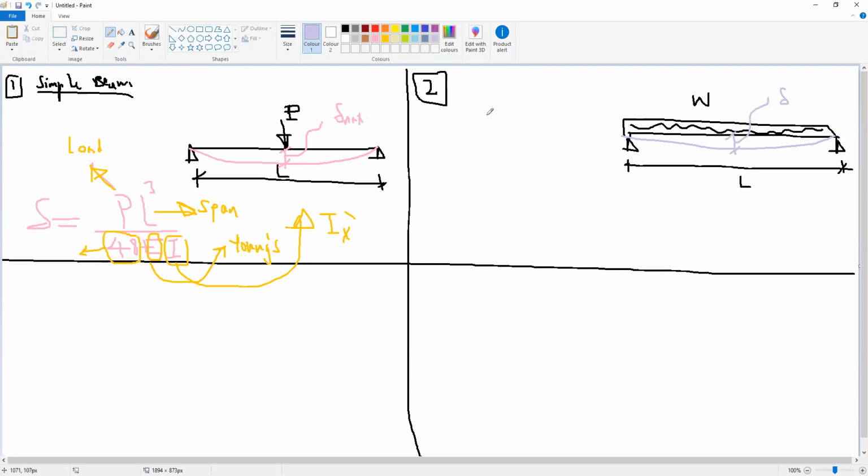This is the deflection value. Delta here will be 5 W L to the power 4 divided by 384 EI.